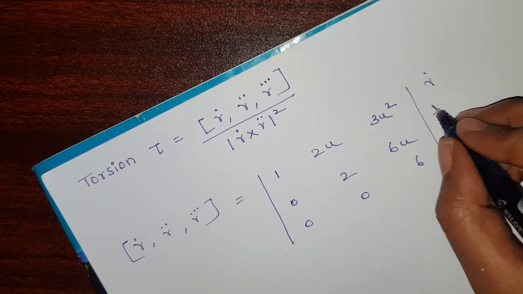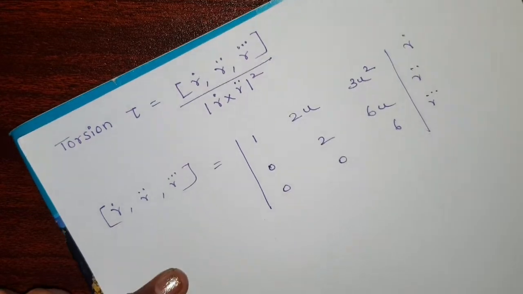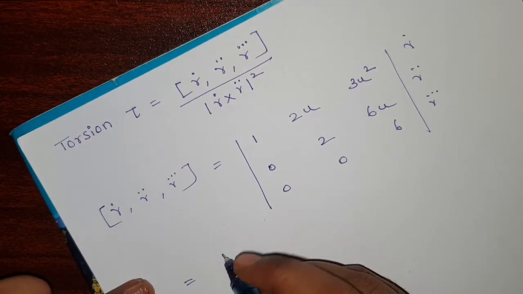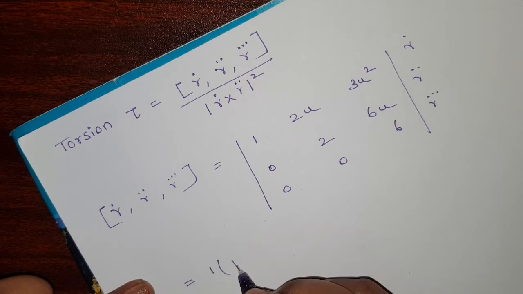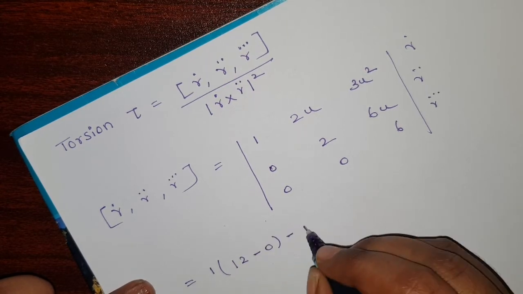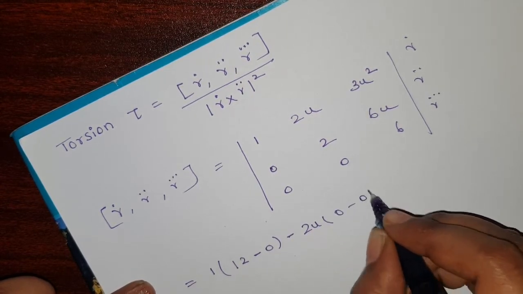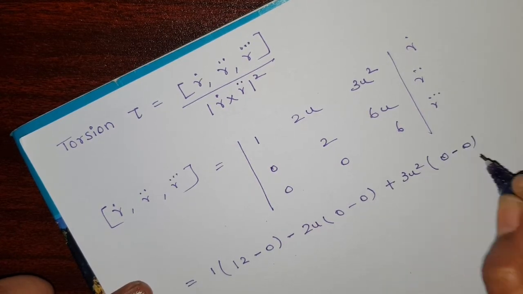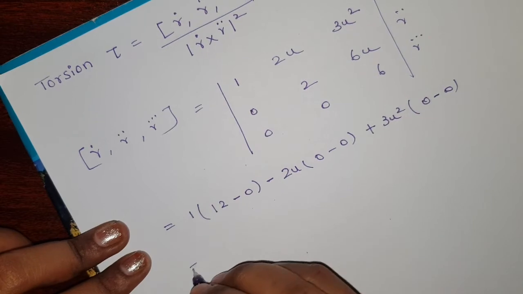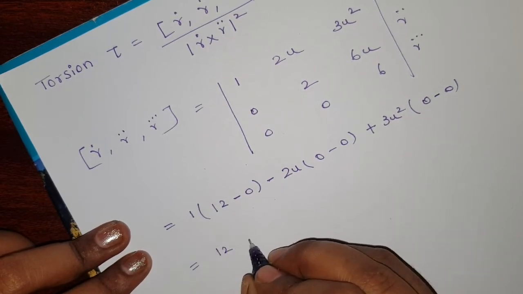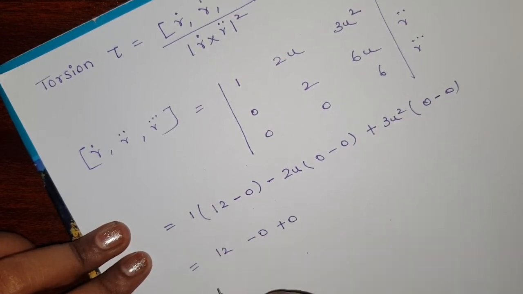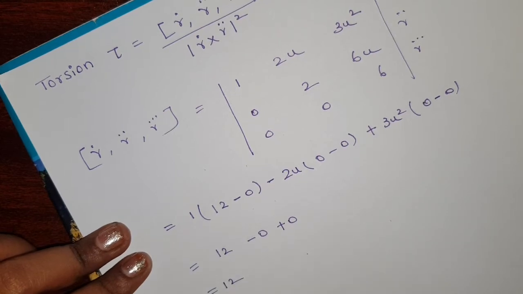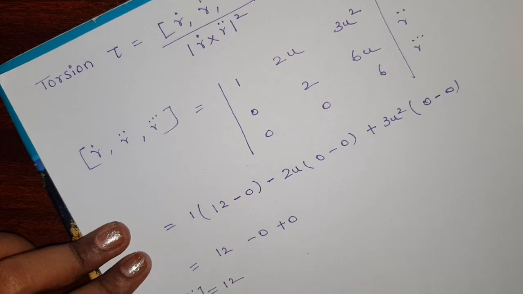This is r dot, this is r double dot, this is r triple dot. Finding the determinant, it becomes 1 into 6 twos are 12 minus 0, minus 2u into 0 minus 0, plus 3u square into 0 minus 0. So 12 minus 0 plus 0 becomes 12. This is the value of r dot, r double dot, r triple dot.